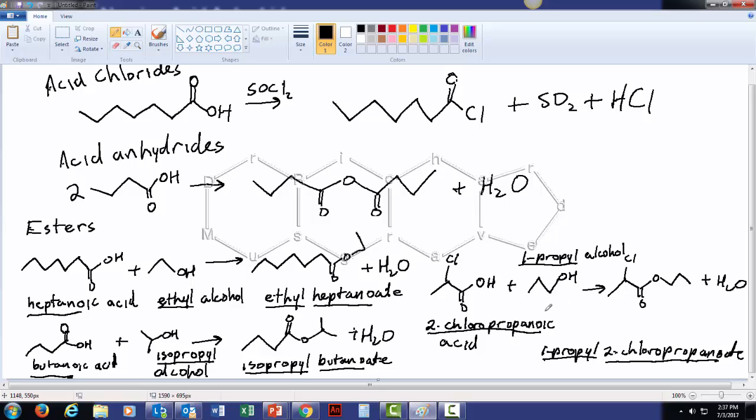This one here is a little bit different, because now we have an alcohol group, but the OH is on the end of the chain. The complication here is that we need to state where that OH group is on the chain.